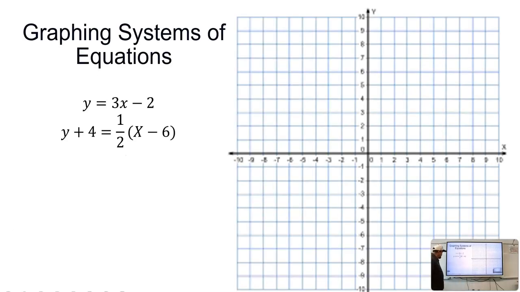All right, so let's go ahead and take a look at our first example here. We'll do red for our top. So we have y equals 3x minus 2. This is slope-intercept form. So my slope is 3, and my y-intercept is -2. So I'm going to start at -2 on my y-intercept, and I'm going to go up 3: 1, 2, 3, right 1.